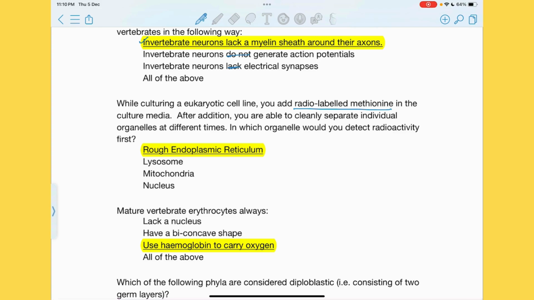It's a radio-labeled methionine. Methionine is an amino acid. So it will take part in the protein formation, and we know the first site of protein formation is rough endoplasmic reticulum. The smooth endoplasmic reticulum corresponds to lipid formation. So the answer is option number 1, RER.